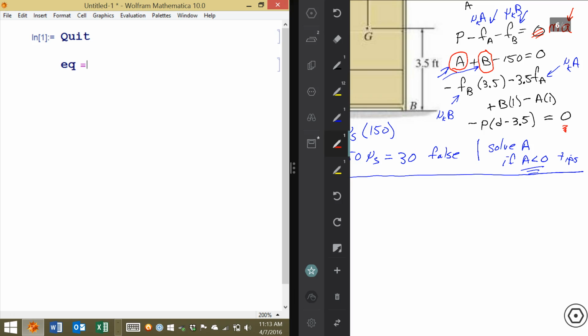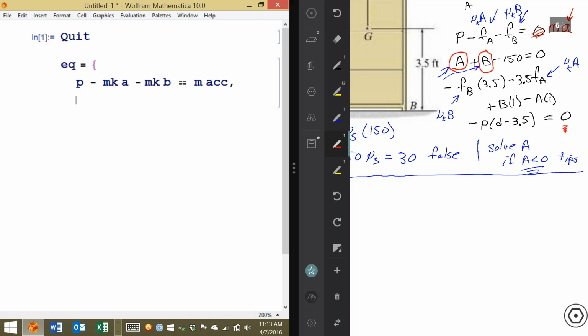So the equations are, there's going to be P minus mu k, I'll just call it mk, A minus mu k b equals, and this is going to be the mass times the, I call it ACC for acceleration.